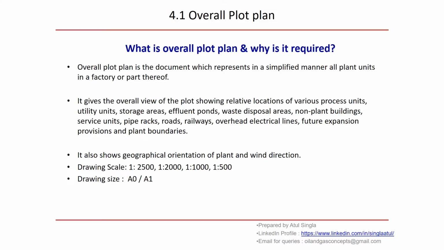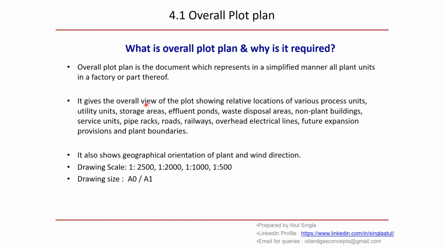So first one is what is overall plot plan and why it is required. If you see, the overall plot plan is a document which represents in a simplified manner all plant units in a factory. Okay, so we are having one document where all the units are located in a single very simplified manner.